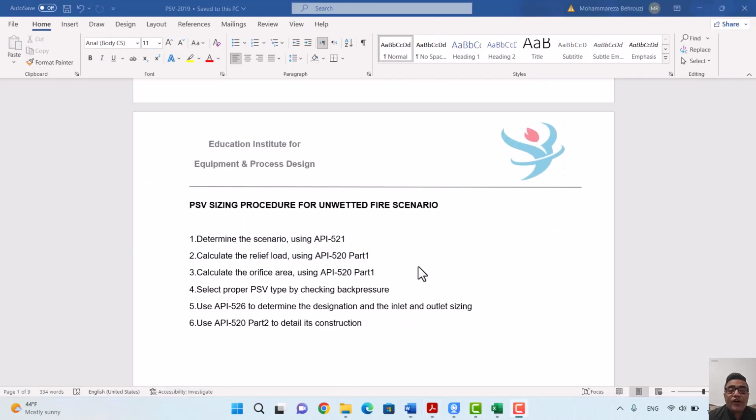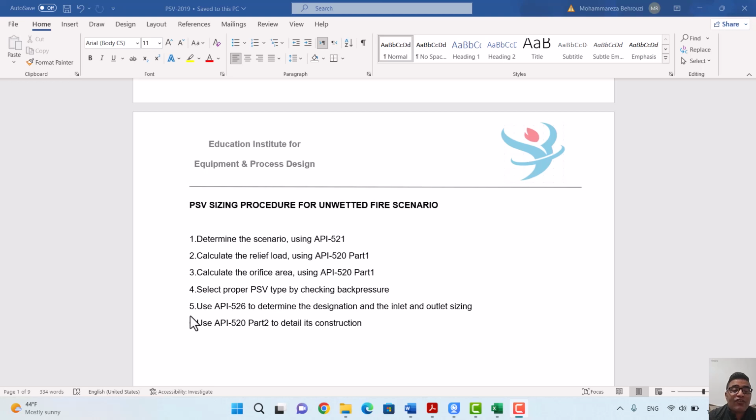So let's define our procedure. Our procedure consists of 6 steps. In the first step, we determine the scenario using API 521. In the second step, we calculate the relief load. In the third step, we calculate the orifice area. And in the fourth step, we select the proper PSV type by checking back pressures.